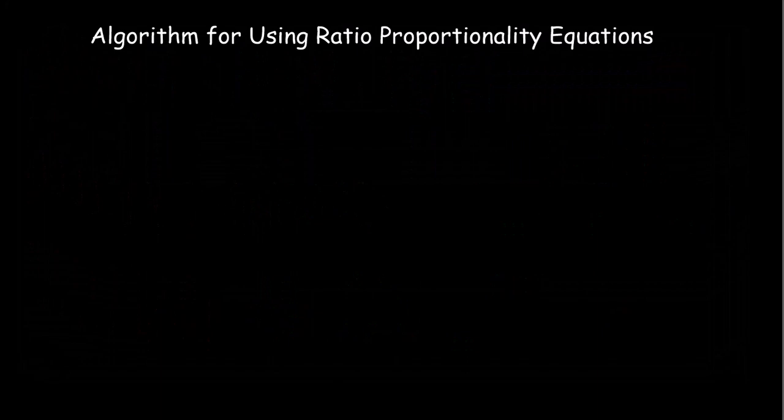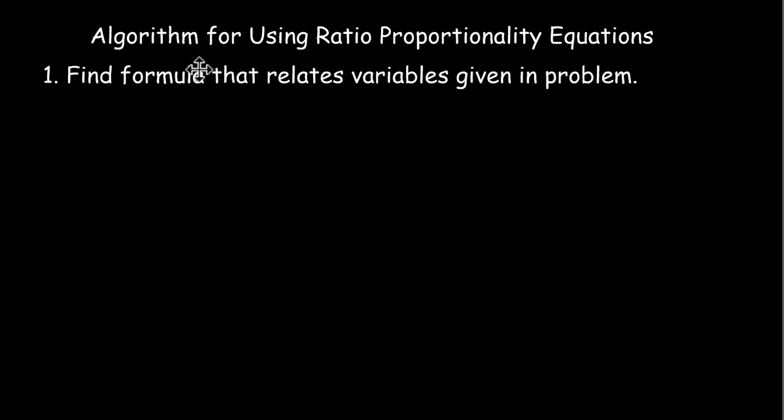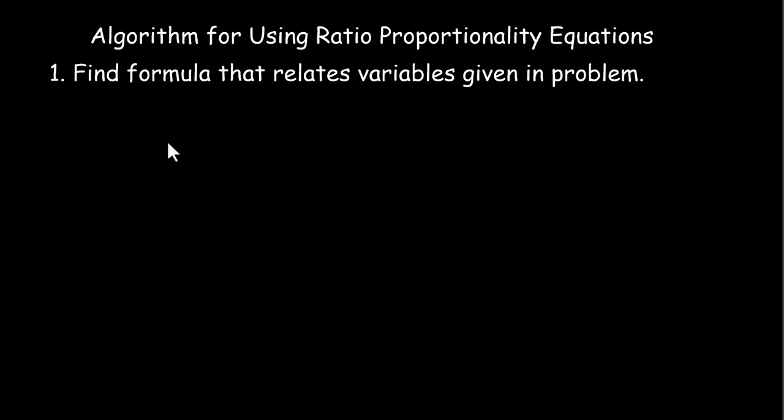So let's try to summarize this process by writing an algorithm for using these ratio proportionality equations. So the first step in the algorithm would be to find a formula that relates the variables given in the problem. So let's suppose it was the ideal gas law. So our equation was PV equals nRT.